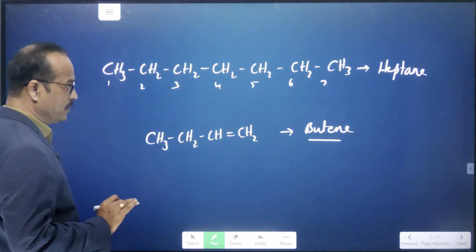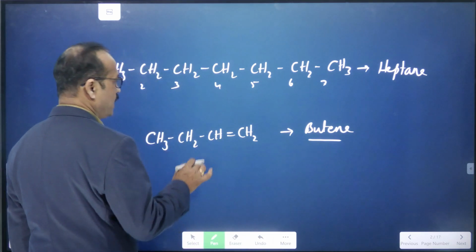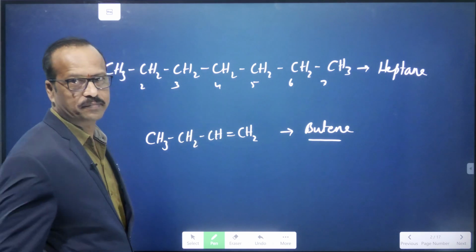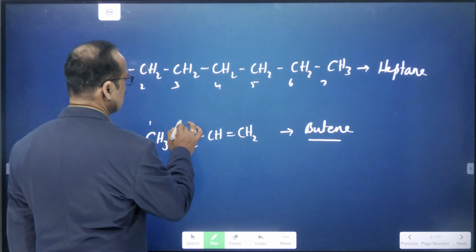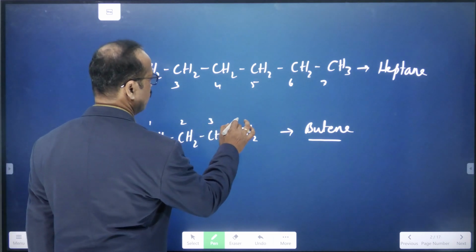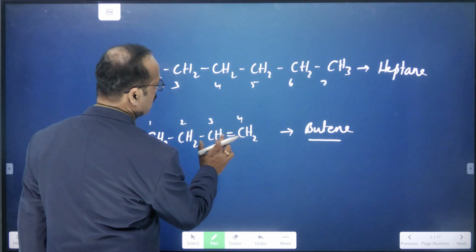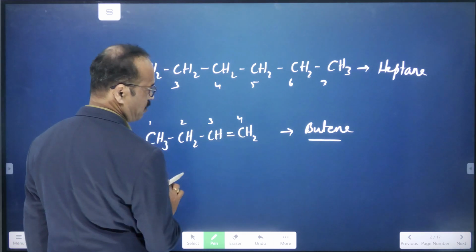But generally, double bond is present at which carbon? For example, if I write this as the first carbon, second carbon, third carbon, fourth carbon, here the double bond is present between the third and fourth carbon.